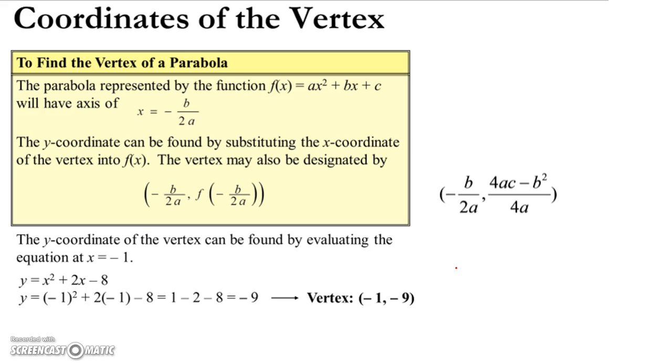Now we can find the rest of the vertex by simply taking that x value, plugging it into the x's, and solving for y. Okay, and you end up with a point, and that point will be the vertex. In this case, the a is positive, so it's going to be upward opening, and the vertex will be at minus 1, minus 9.